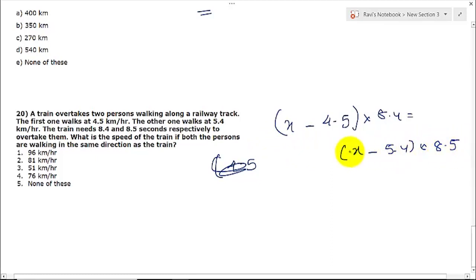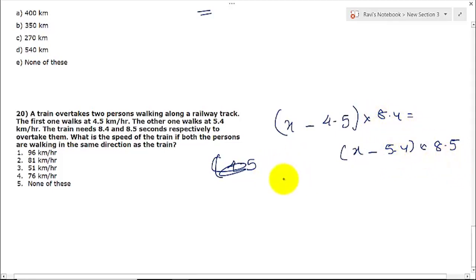8.5. So now one more thing, please, like most of the students, don't try to, it is in kilometer per hour, and don't try to convert this again into minutes or hours, because it is an equation problem and it will be common in both of them. If you divide by 60 here, 60 here, it will get cancelled out. So there is no point of writing this. So we'll simplify this.